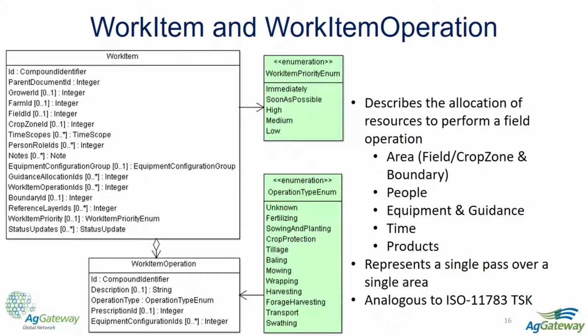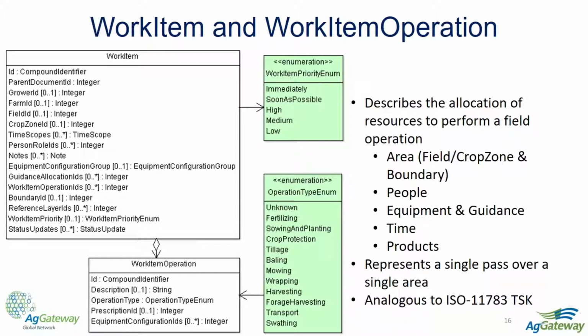A set of guidance lines and curves through guidance allocation. And as we'll see, it will go into greater detail telling us what products or services need to be used and what the rates are. Now, it does that through another object, which is an even more specific one called work item operation.